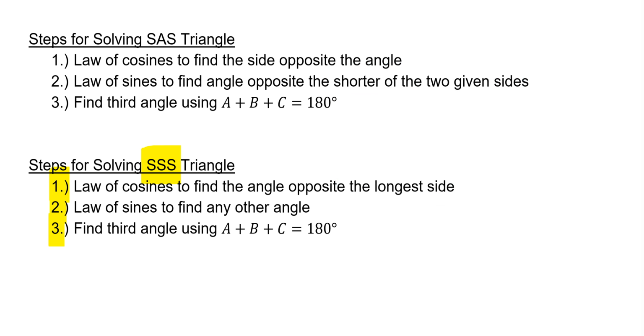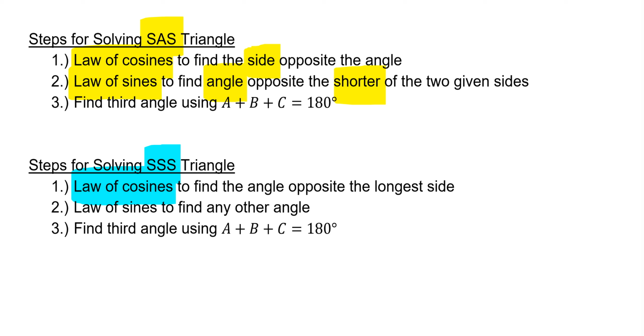So even though memorizing steps can be very annoying, like I said for the one up here, side angle side, law of cosines to find the side opposite the angle, law of sines to find the angle opposite the shorter of the two given sides. Step three, hopefully it's obvious after that. And then for side side side, once again though, it's law of cosines first to find the angle opposite the longest.